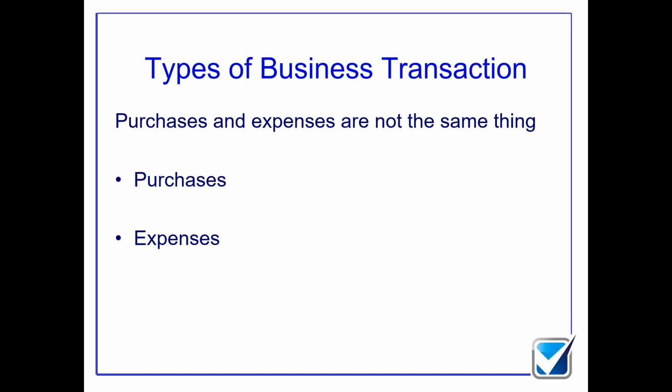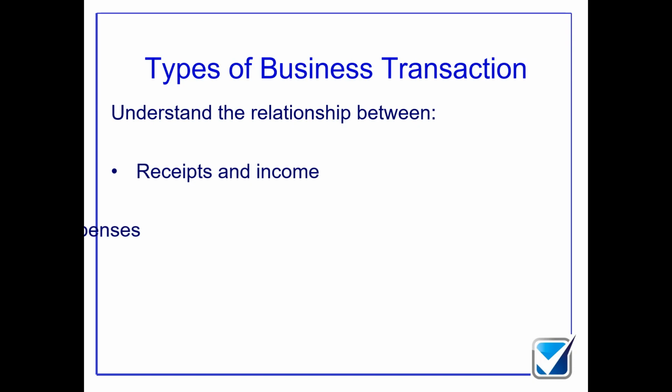Now, carrying on with chapter number 1, the next thing we need to look at is the difference between receipts, which is money coming in, and that will be potentially because we've made a sale. That sale will be an income figure. So the sales that we make generate income. That income actually manifests itself as a receipt.